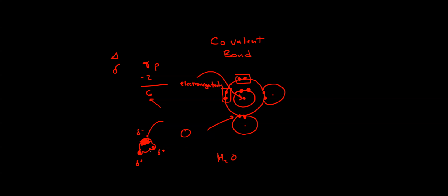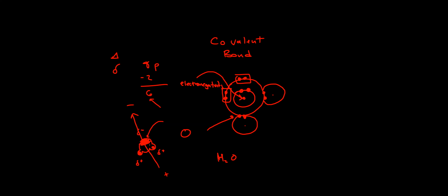The water molecule itself has the same number of protons as it does electrons. This is not an ion, but they're not shared evenly. So you could imagine drawing a line kind of through it like this, where that's more negative and that's more positive. So you would say that this molecule is polar because it has an uneven distribution.